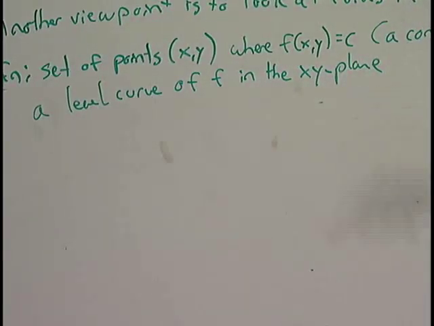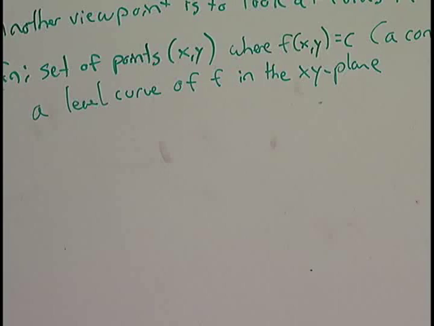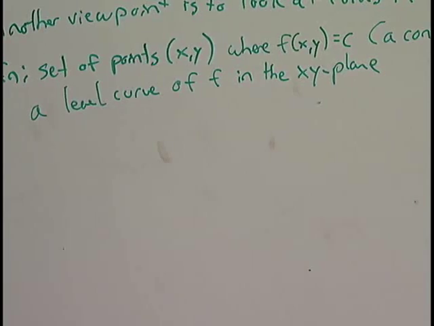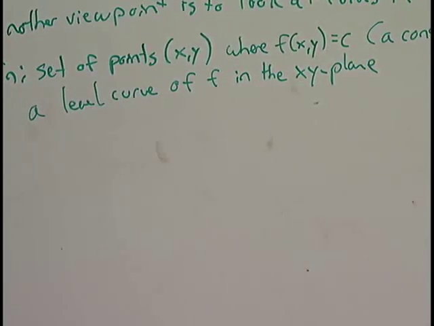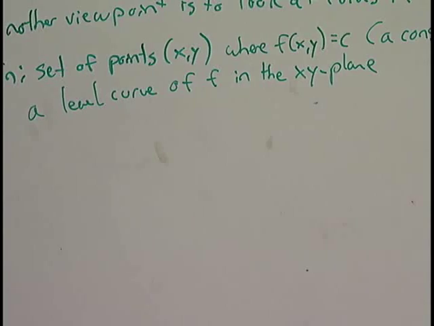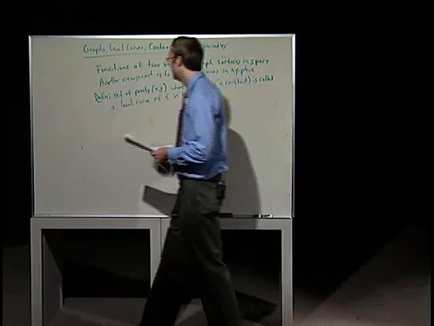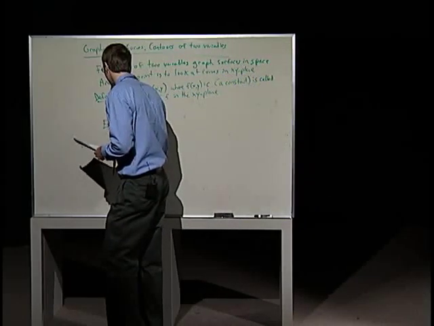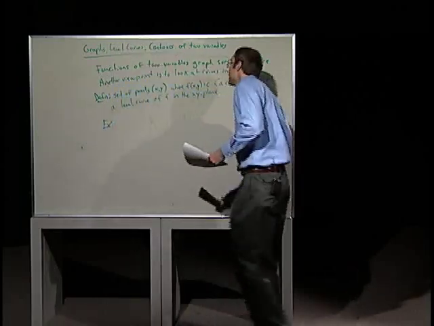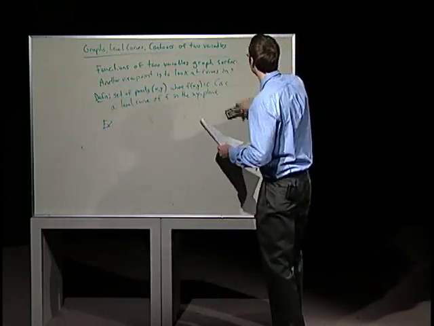Okay? So the set of points where the function's height is constant is called a level curve in the xy plane. All right? Well, this is best seen by example, so let me clean this up so we can get some room to do this whole thing out.